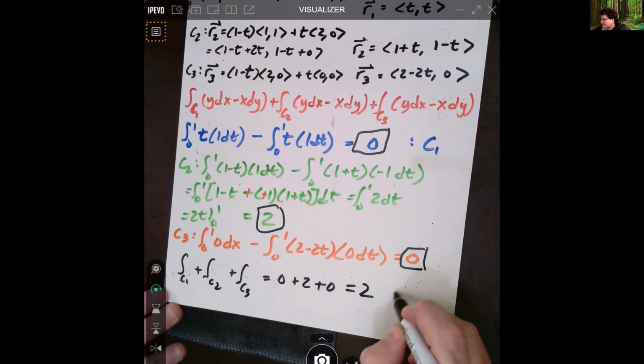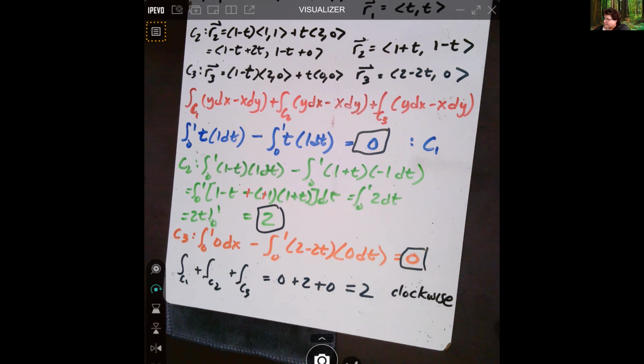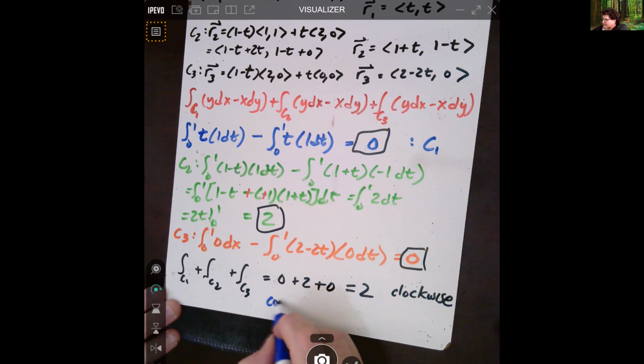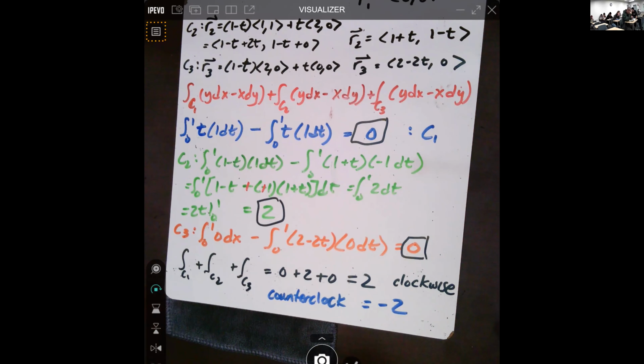in the clockwise direction. And if you look back, counterclockwise was -2. So is this answer representing circulation?